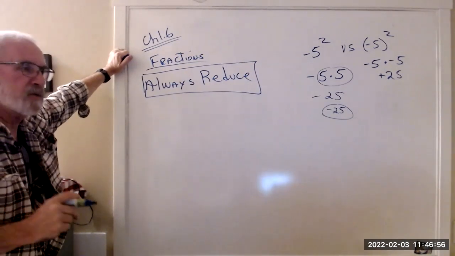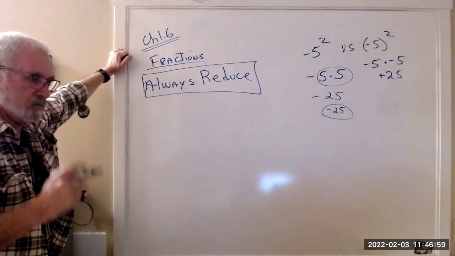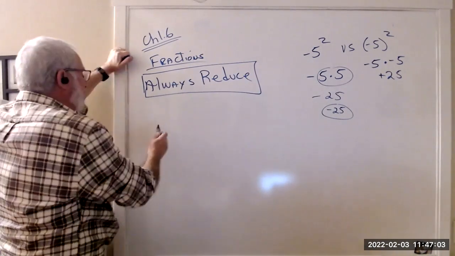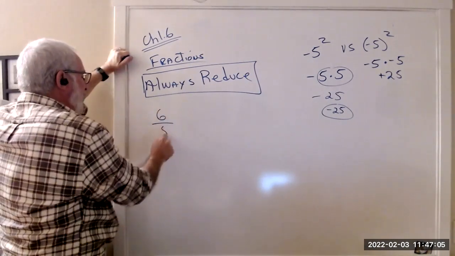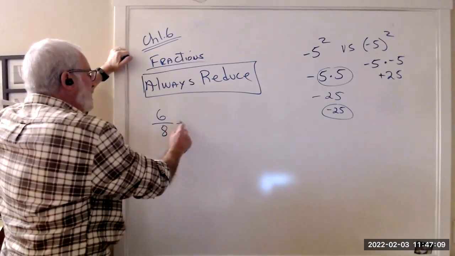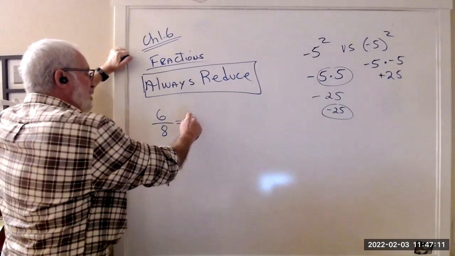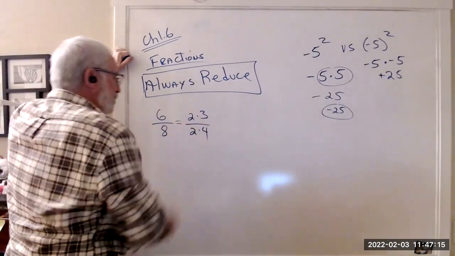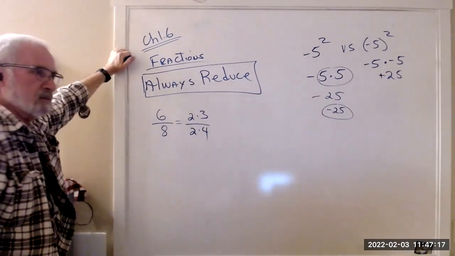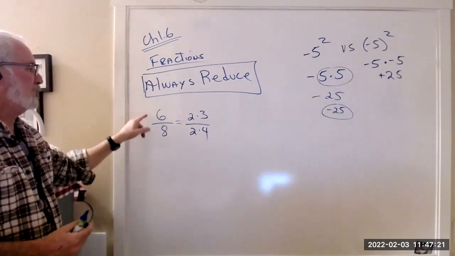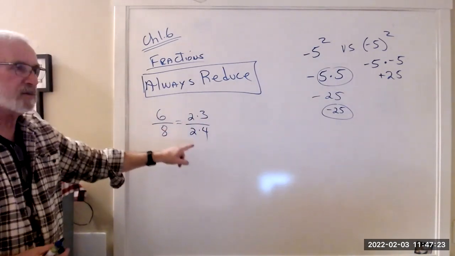Now, there's some confusion when you reduce a fraction. Let's take 6/8. Okay, technically, you're saying this is 2 times 3 and this is 2 times 4. Mentally, this is what you're thinking. You're saying, oh, 6 is 2 times 3, 8 is 2 times 4.